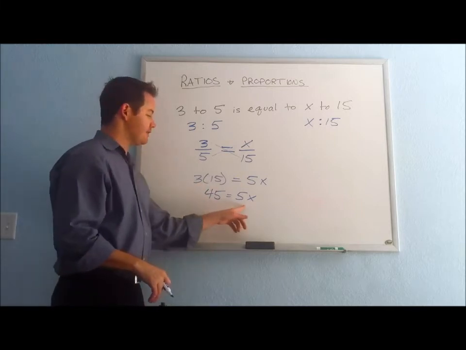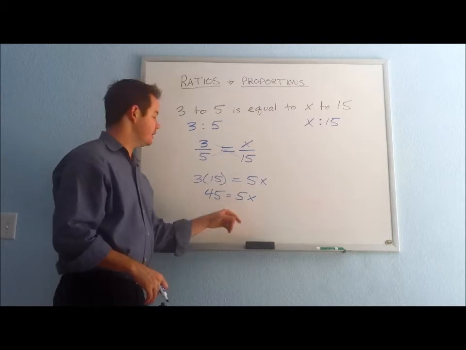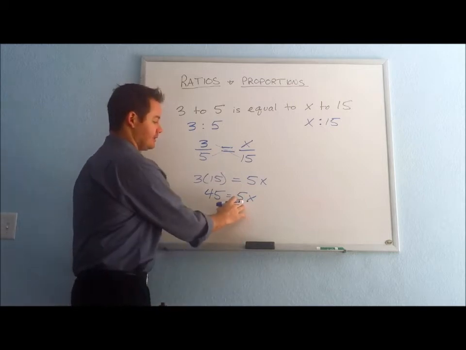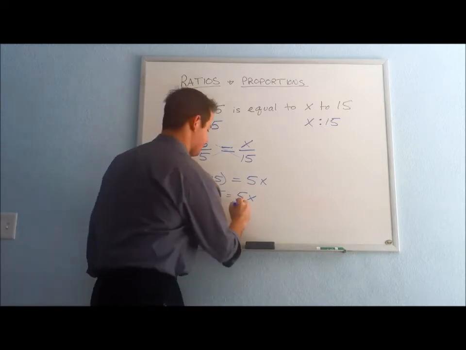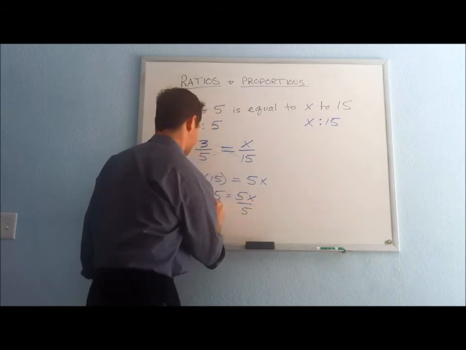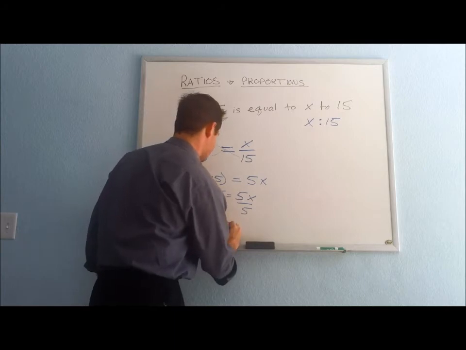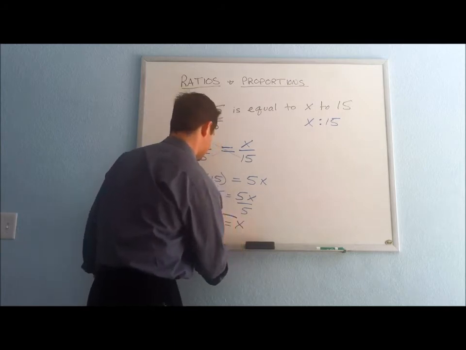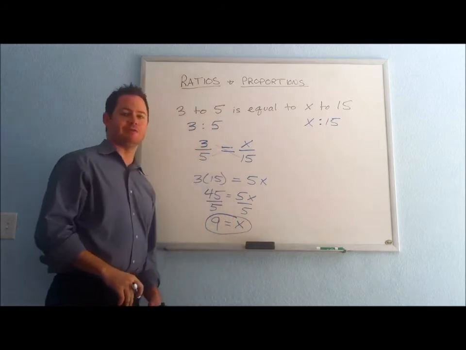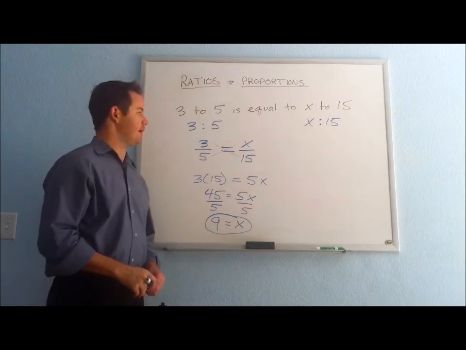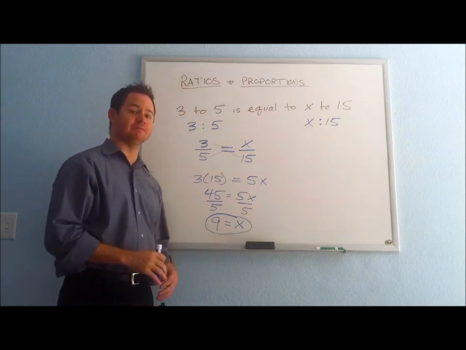And then 45 is equal to 5x. Now we have to solve for x, so divide both sides by 5. And we get 9 equals x as our final answer for that missing variable in this proportion.